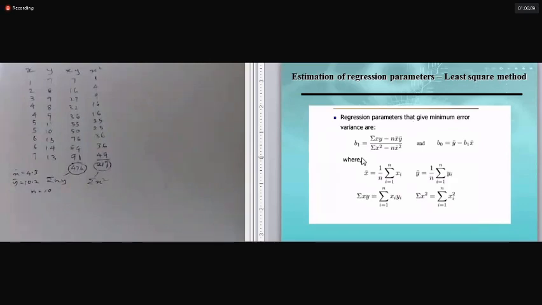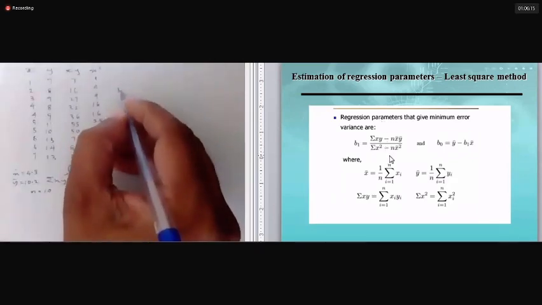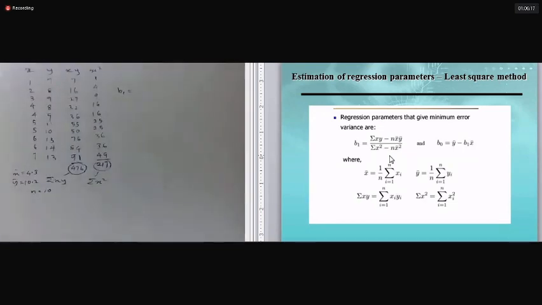Now from the formula we can find B1. The B1 formula is sigma xy minus n x bar y bar, divided by sigma x square minus n x bar square. So you can write down this formula and substitute the values.